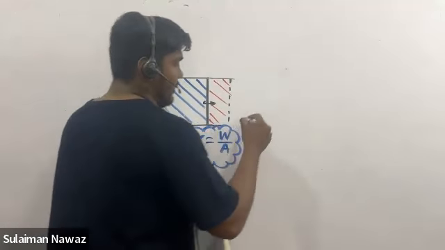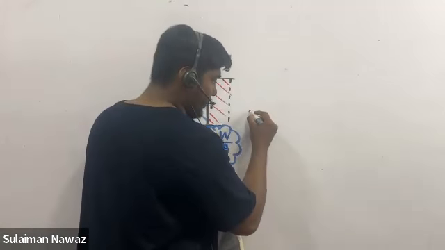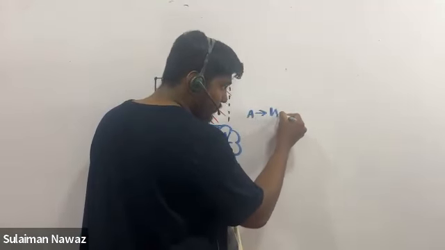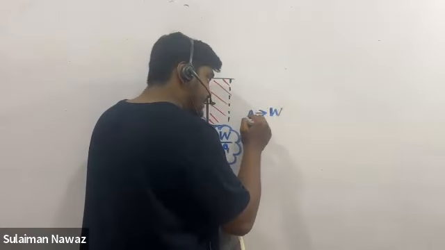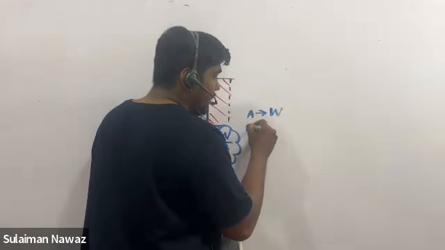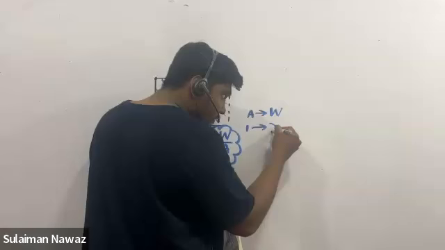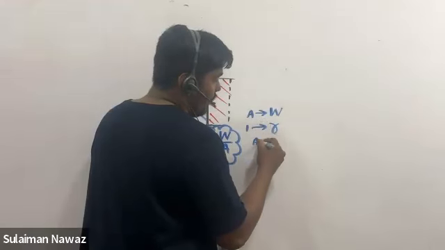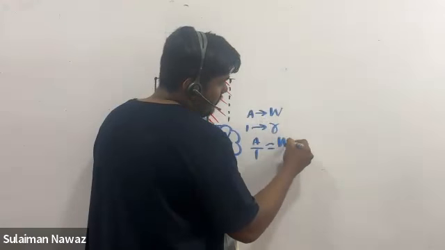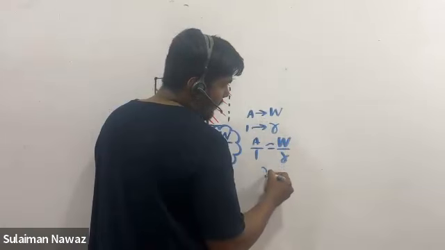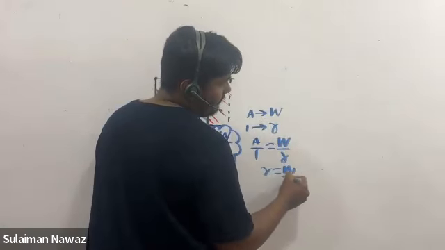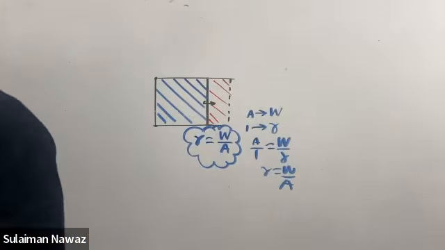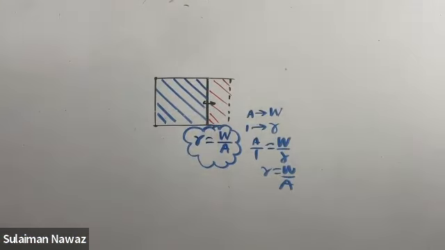Let's say in order to increase the surface area A, the required work is W. In order to increase the area by 1 meter square, the required work is gamma. Then A over 1 equals W over gamma, so gamma equals W over A. Write these down.